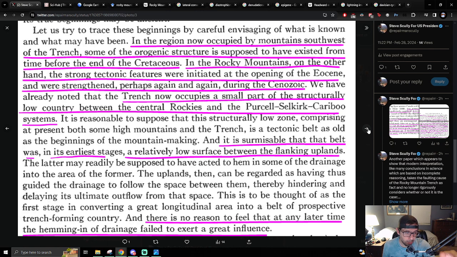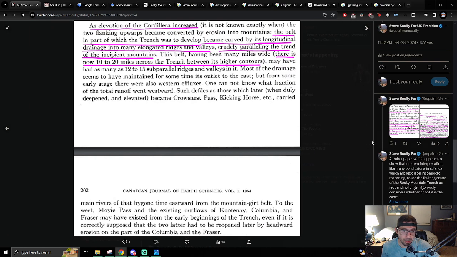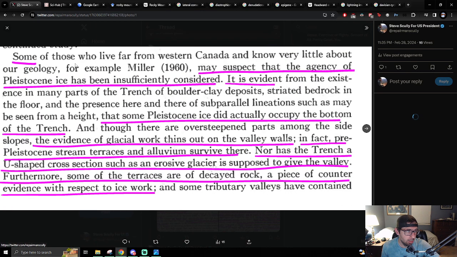But I like where he's building it from some starting point of a lower terrain between higher terrains, and over time it takes the shape that it is today. So then he just keeps going on with it there.